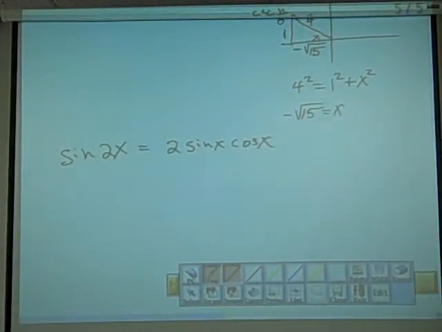And so now this will be 2. Sine, right, is opposite over hypotenuse, so that'll be 1 over 4. Cosine, that's adjacent over hypotenuse. So that would be negative square root 15 over 4.